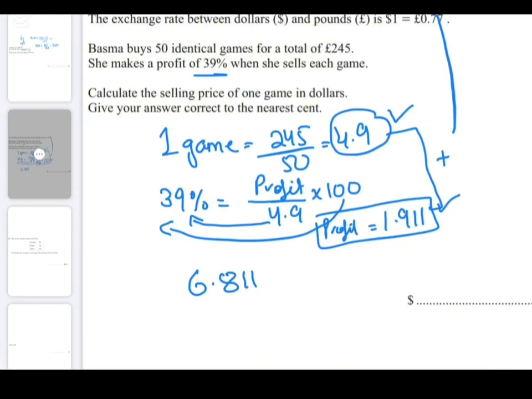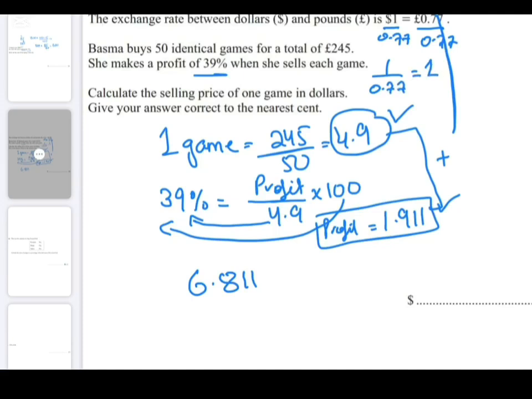But the question says we need the answer in dollars, so we need to convert this pound amount into dollars. We already did this concept. So, $1 is equal to 0.77 pounds, and we divide by 0.77 on both sides. So you can see 1 upon 0.77 dollars is equal to 1 pound.